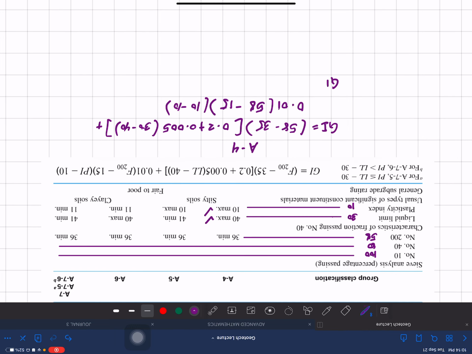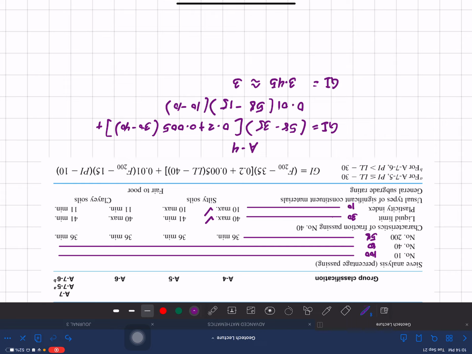So, your GI is equal to, let me just calculate this using my calculator. That's 3.45. Now, kailangan natin tong i-round because we always take into consideration na yung GI is rounded off to the nearest whole number. So, this should be 3.